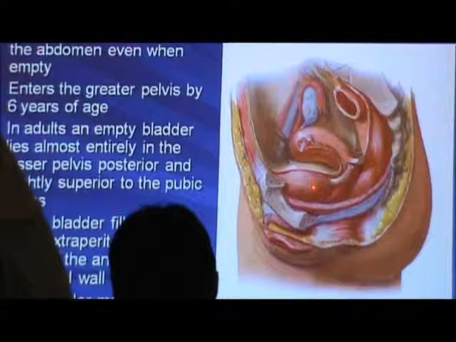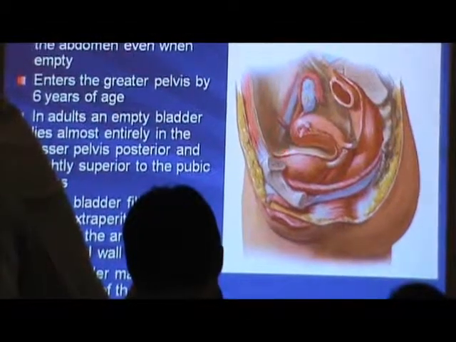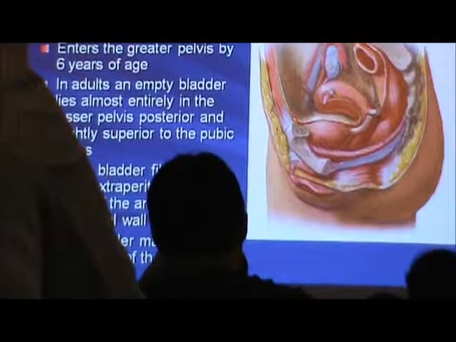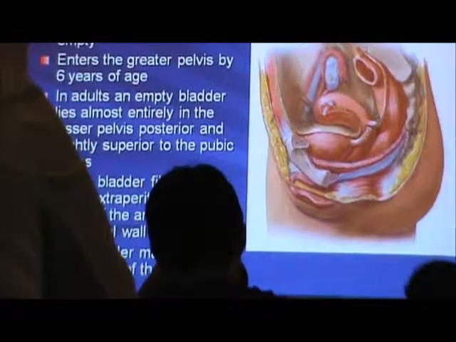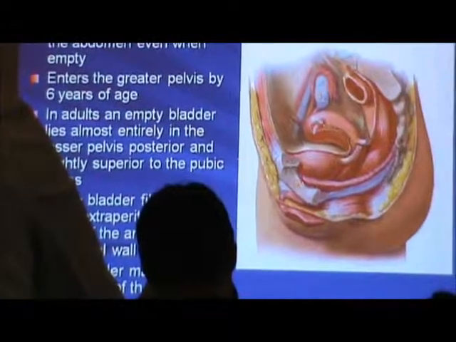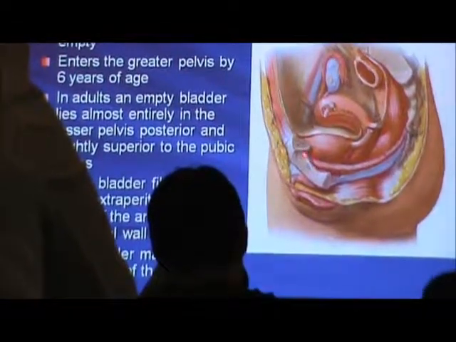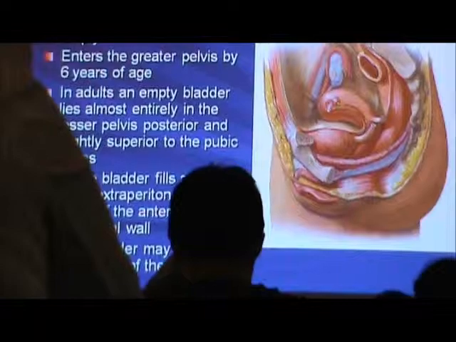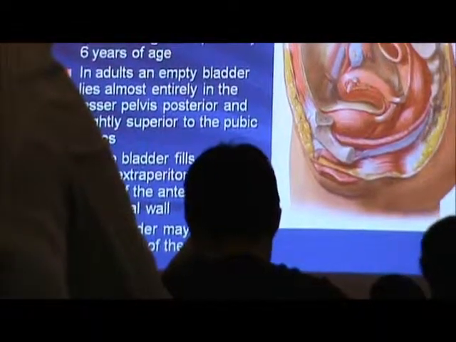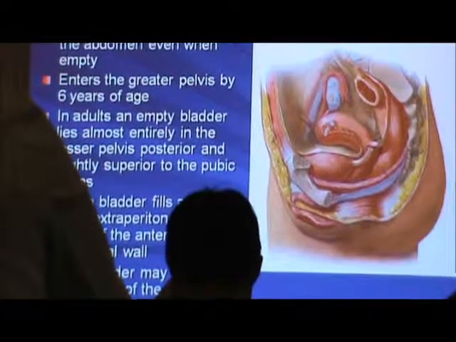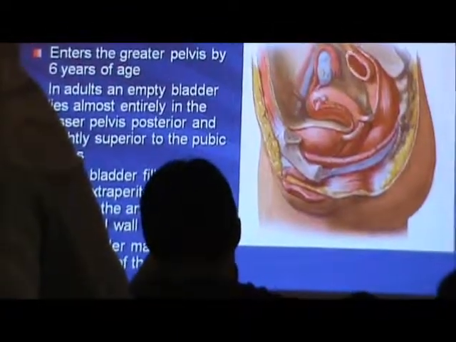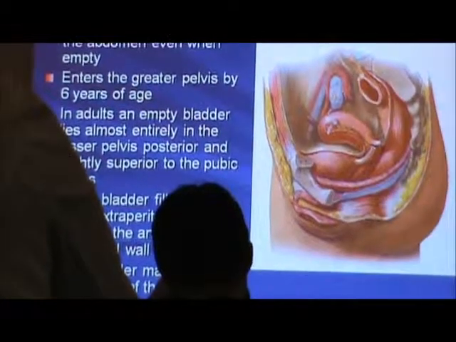As the urinary bladder fills, it ascends in the extraperitoneal fatty tissue of the anterior abdominal wall. Look, behind the pubic bones we can find a space which is called the retropubic space. This retropubic space is filled with fat.